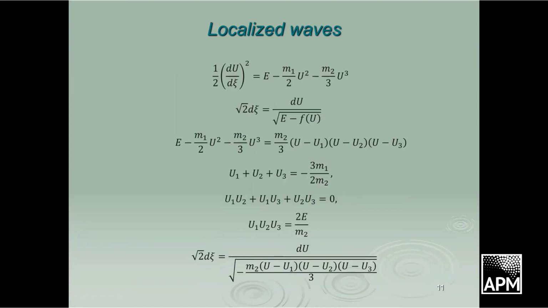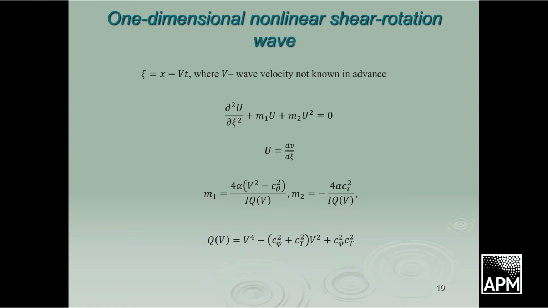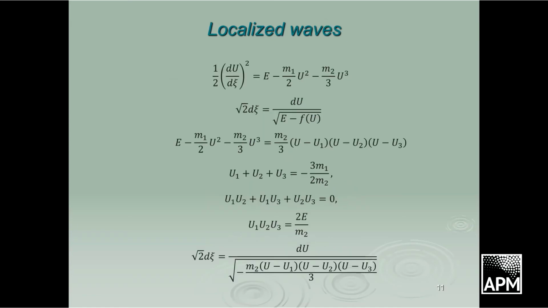So we can judge about the existence of nonlinear stationary waves and their qualitative features by the signs of the coefficients M1 and M2 and the positive or negative definiteness of the polynomial Q. We can rewrite the equation in the following form.